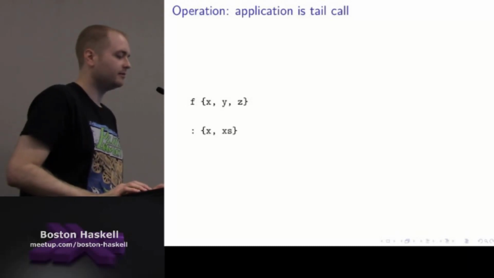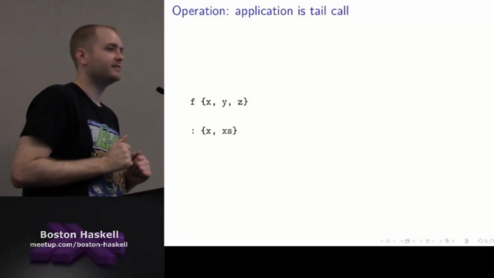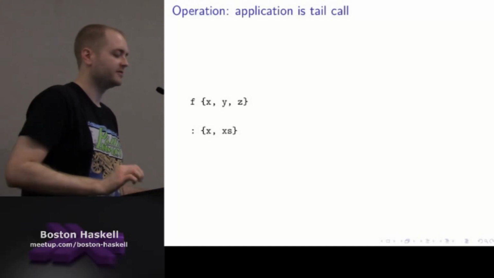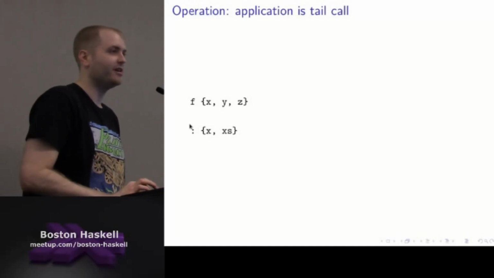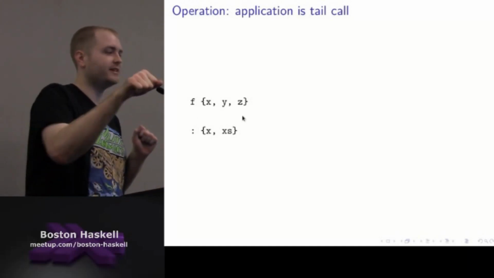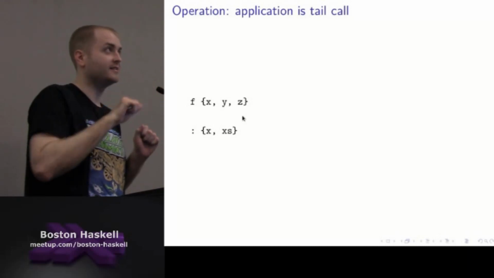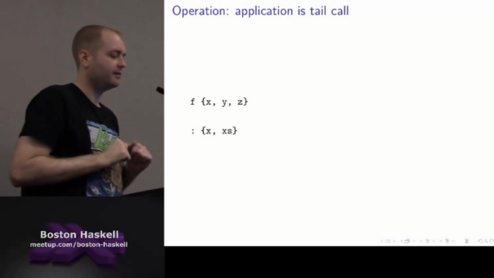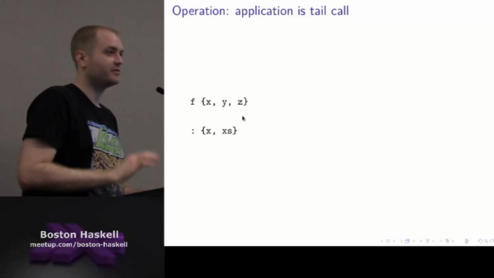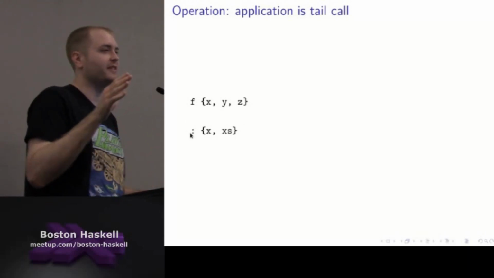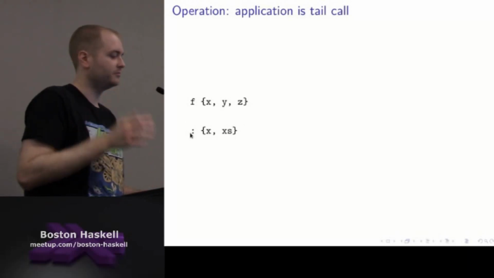So all application in STG and core is a tail call. So when you see f applied to 3 variables, it's a jump into f with these 3 variables on some kind of argument stack. Or if you call a constructor, it's going to jump to that constructor code with 2 arguments.